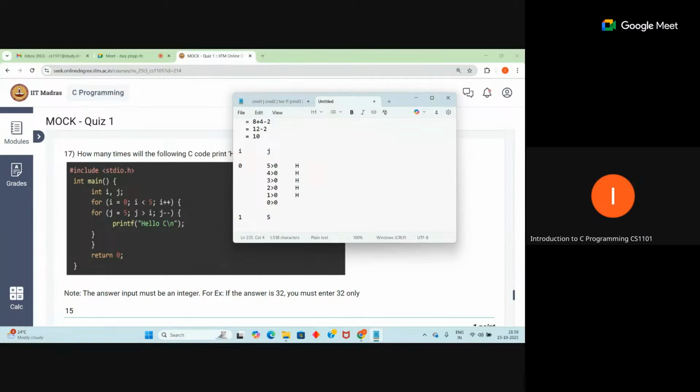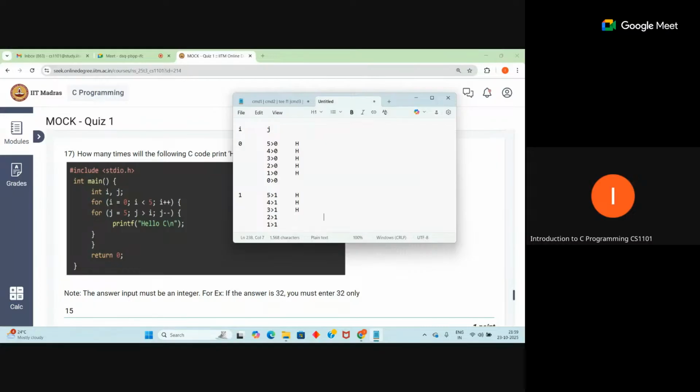So 5 greater than 1, 4 greater than 1, 3 greater than 1, 2 greater than 1, and 1 greater than 1. When 1 greater than 1, it will be false. So how many times will it print hello? For all the true cases, 4 times this is true. So it will print hello 4 times here.